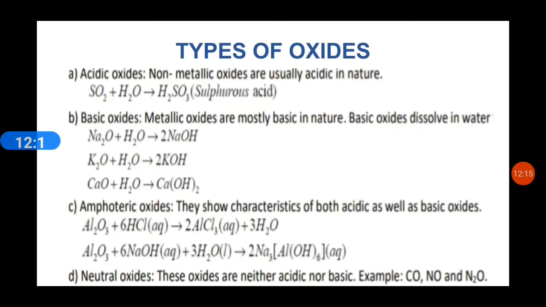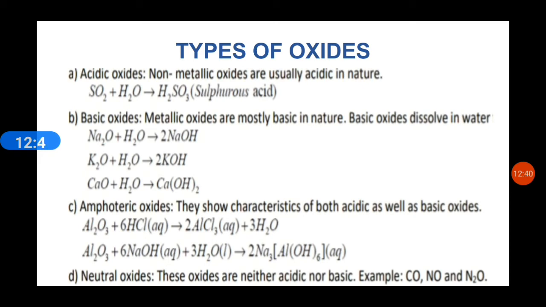Types of oxides, as told earlier: acidic oxides are non-metallic oxides, like SO2 forms sulfurous acid on dissolving in water. Then basic oxides are metallic oxides, like Na2O forms NaOH; they form alkalis on dissolving in water. K2O forms KOH, CaO forms Ca(OH)2.